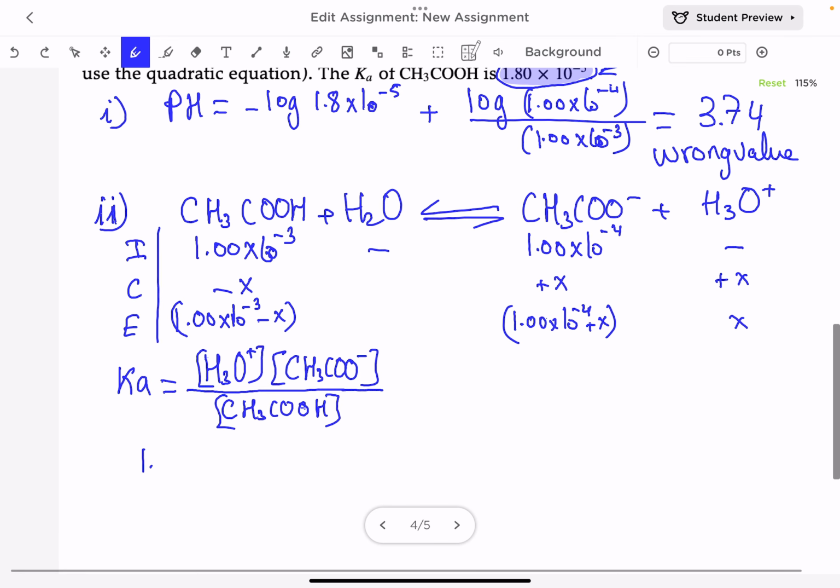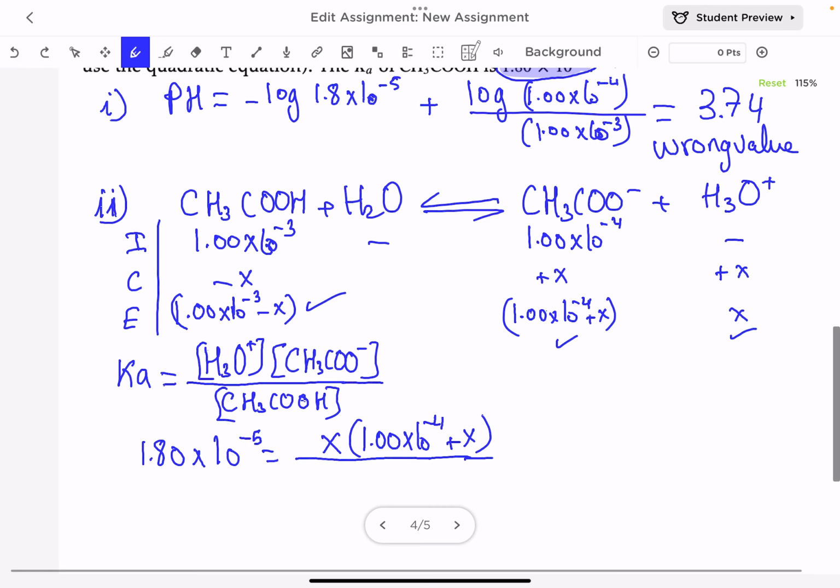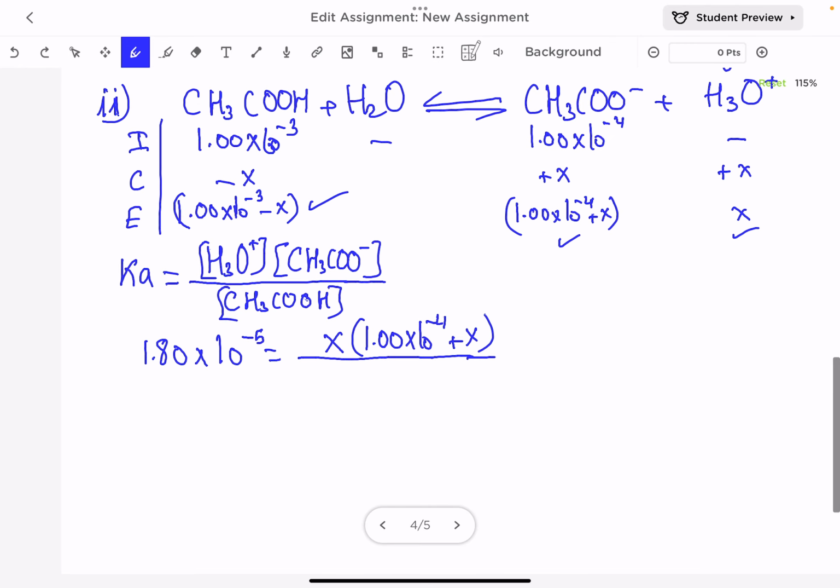So 1.80 times 10 to the power negative 5 equals H3O plus, CH3COO minus, over the concentration of CH3COOH.